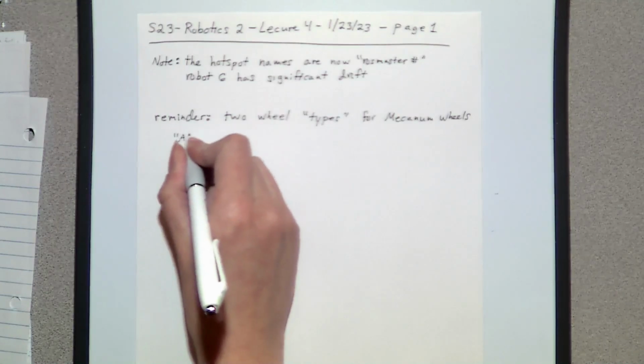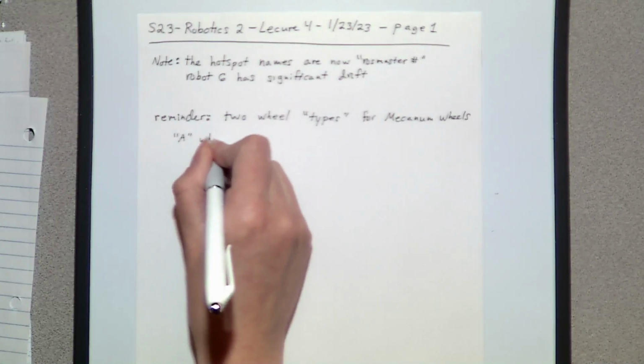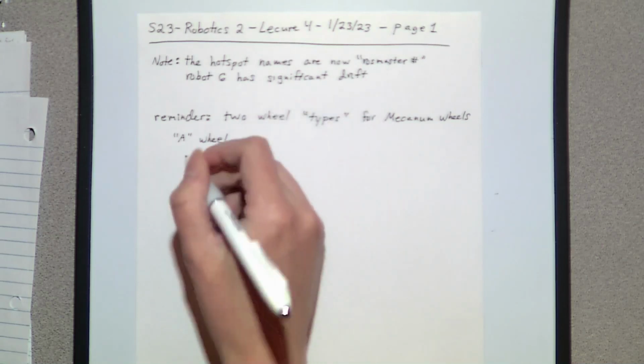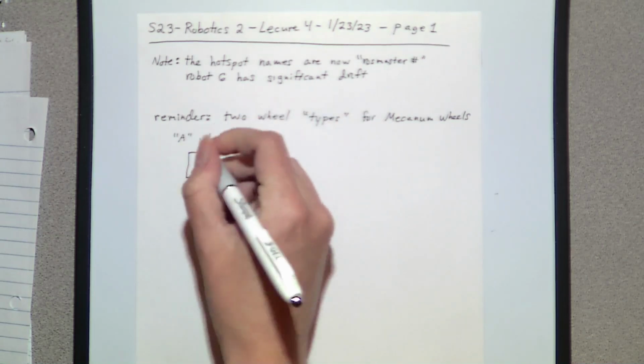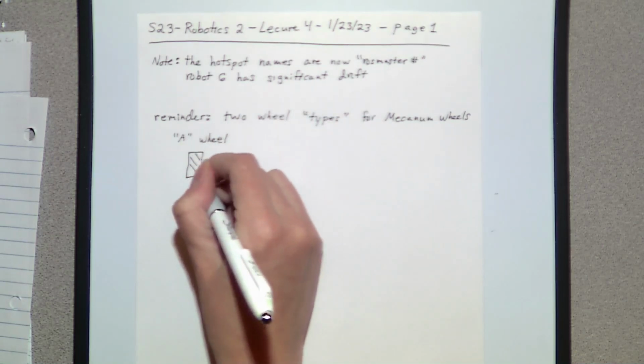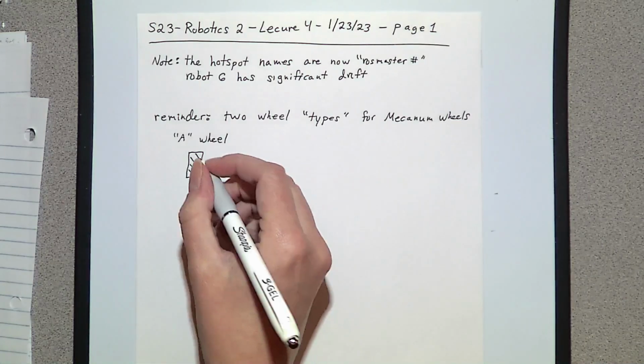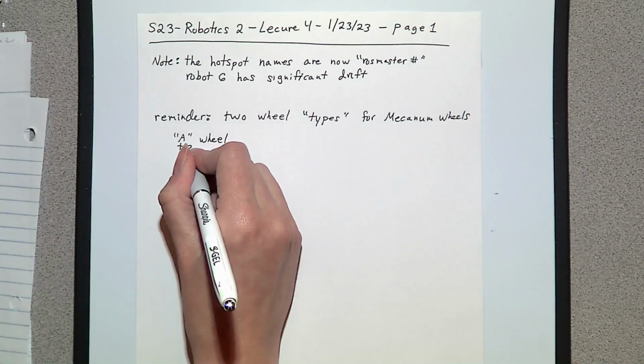And so we have the first type, which is the A wheel, or L on the ROS master. And so the rollers are angled in this way if we look at it from the top.